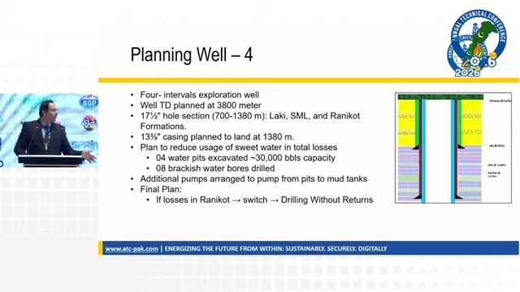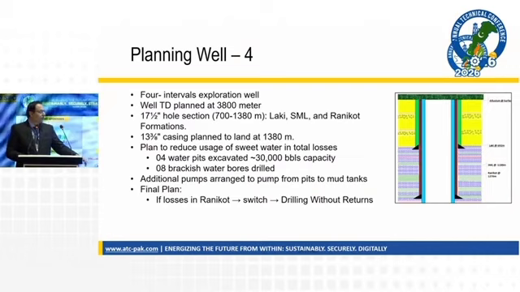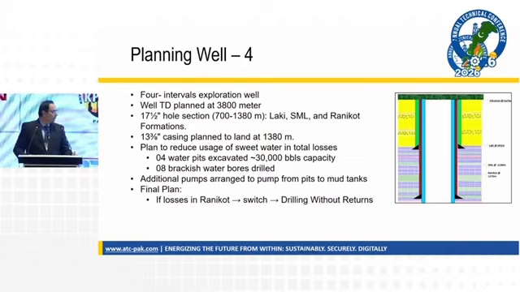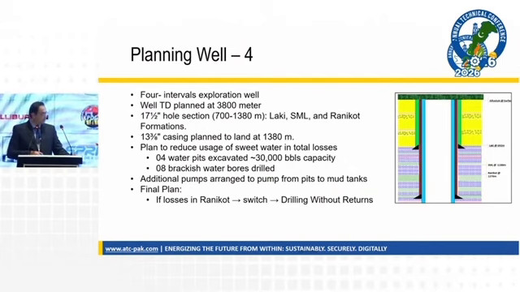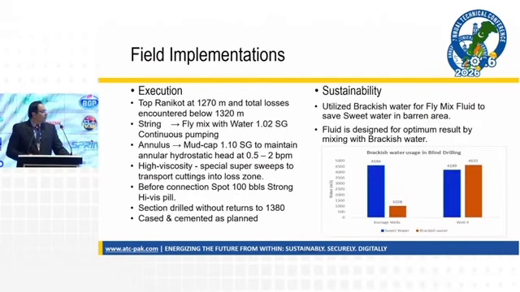So we increased total water capacity, because this well is in a very remote location, and then 8 brackish groundwater bores were drilled. Additional pumps were arranged to transfer from pit to the mud tanks. So to avoid any problem, the final plan, if losses in the Rani Kot, we will switch to drilling without return strategy.